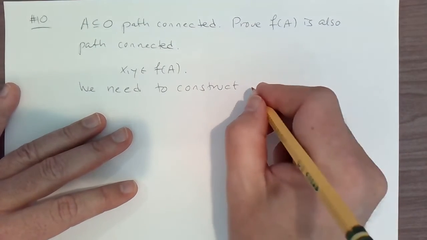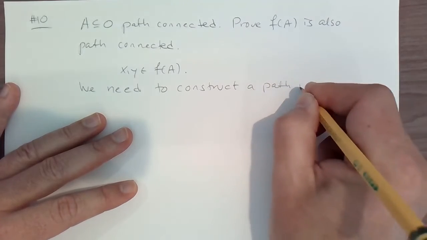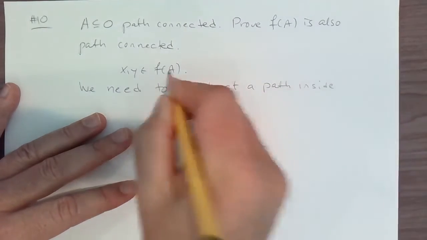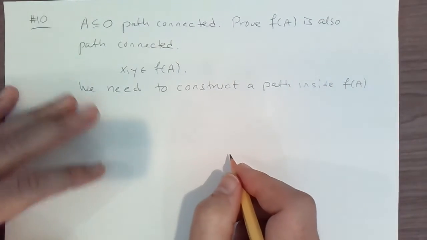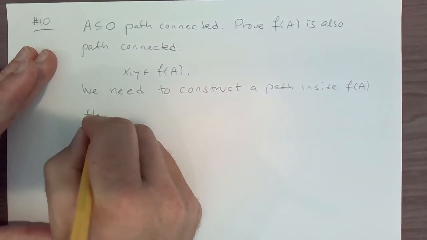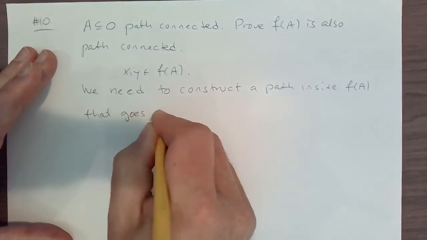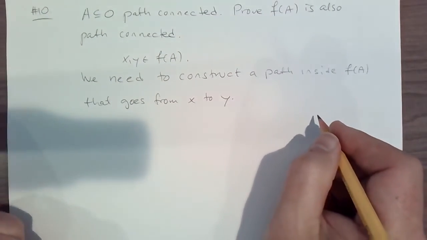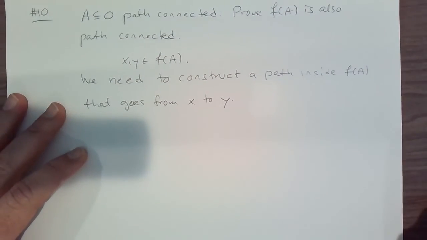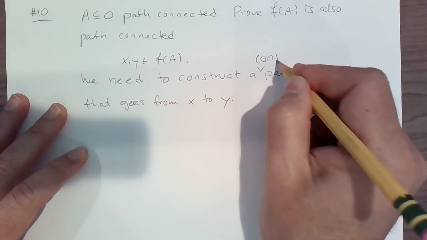We need to construct a path inside f of A that goes from X to Y. So this is a continuous path.